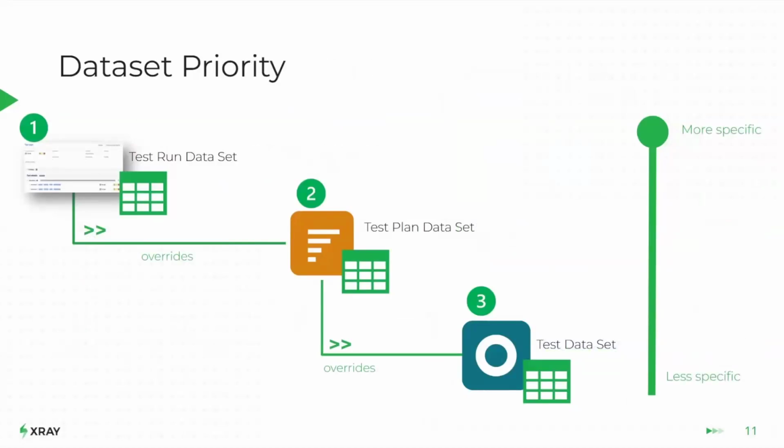In short, the closer you are to the execution layer, the higher the dataset priority is. Leveraging multiple layers at the same time is not very common, but keeping this logic in mind helps avoid surprises.